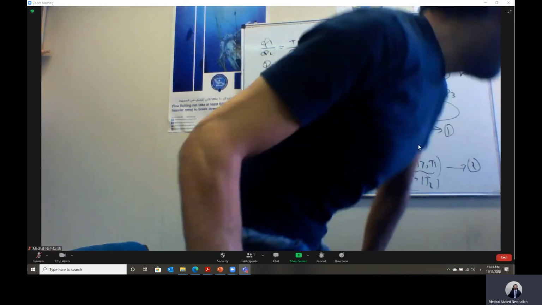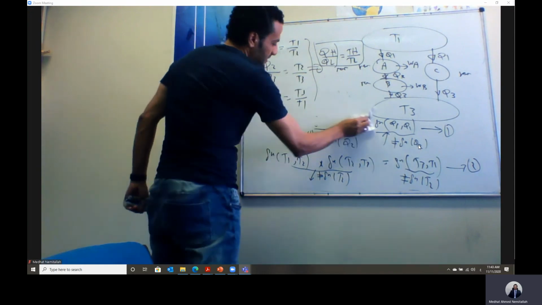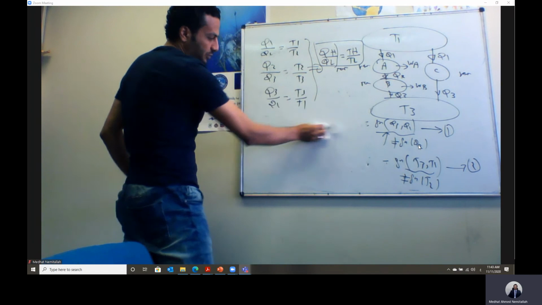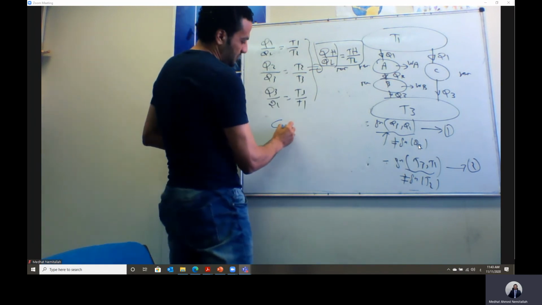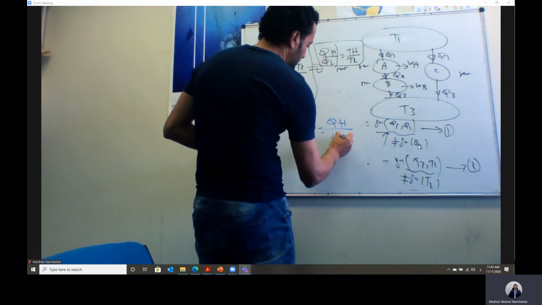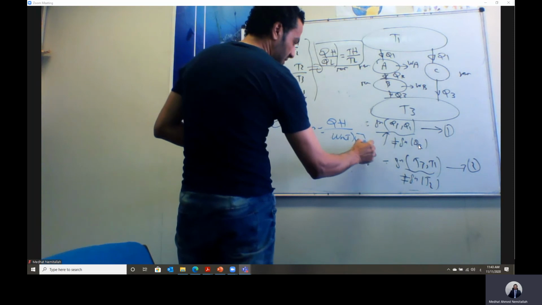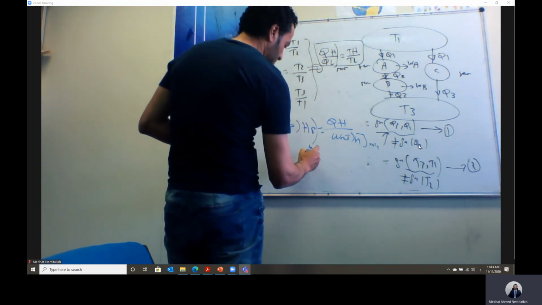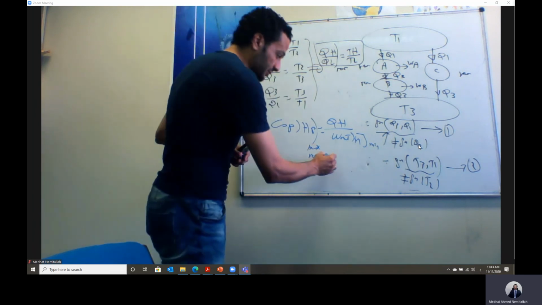Okay, so we need to calculate the coefficient of performance of the heat pump for minimum work input. The coefficient of performance of the heat pump is equal to Q high divided by the net work input to the system. If this net work input is minimum, that means this coefficient of performance is maximum, or we call it reversible. That means this cycle is working on the Carnot cycle.